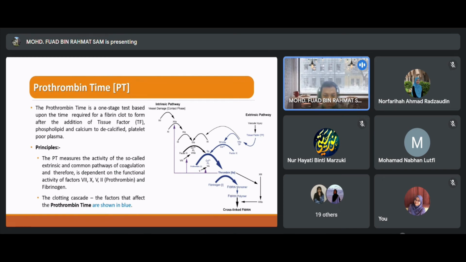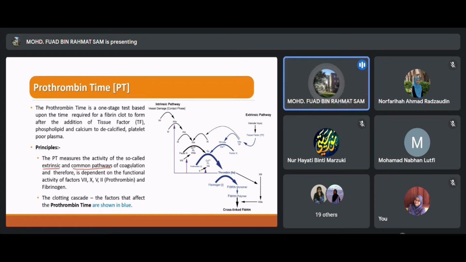So in principle, the PT or the prothrombin time measures the activity of the so-called extrinsic and common pathway of coagulation, and therefore is dependent on the functional activity of factors number 7, number 10, number 5, number 2, also known as prothrombin and fibrinogen.